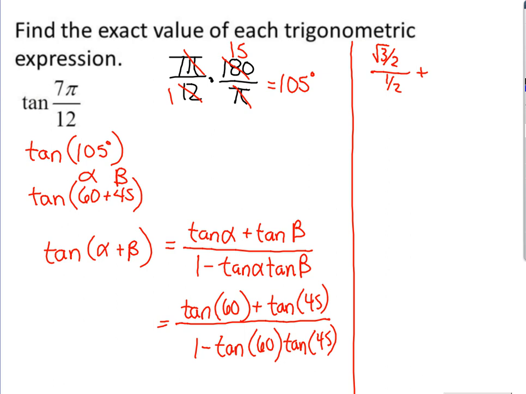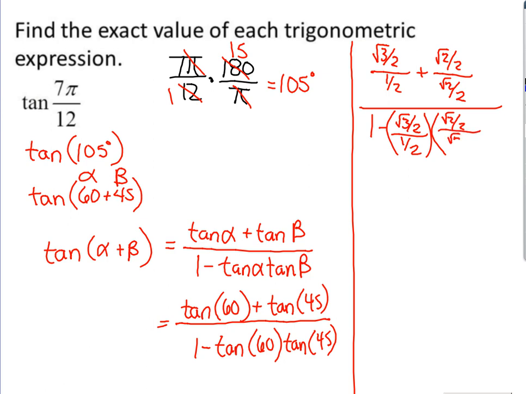The tangent of 45, y over x. 45 has the coordinates of radical 2 over 2 and radical 2 over 2. So the tangent of 60 is radical 3 over 2 over 1/2, and the tangent of 45 is radical 2 over 2 over radical 2 over 2.